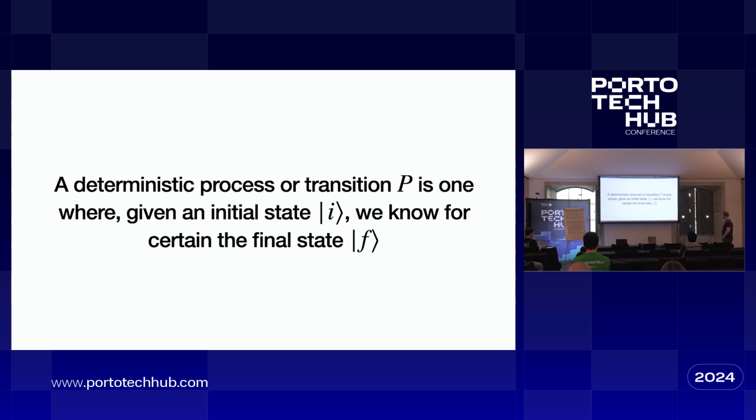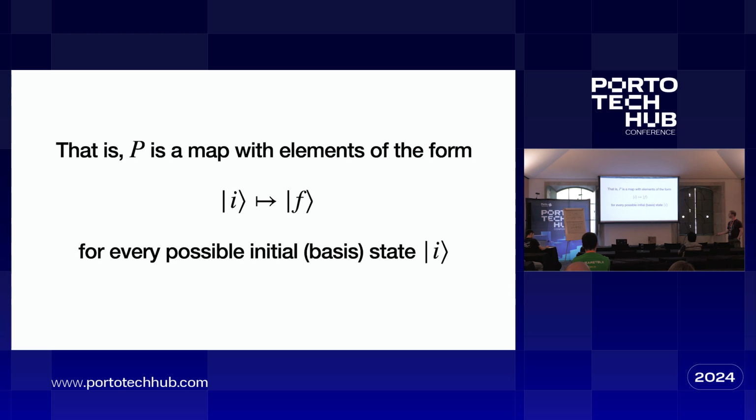So, I'm going to start out saying a deterministic process is one where if I give you an initial state, a well-defined initial state, which here is going to be a basis state, we know for sure the final state. This process is a map with elements of the form initial to final for every possible initial basis state. By map, I mean function.